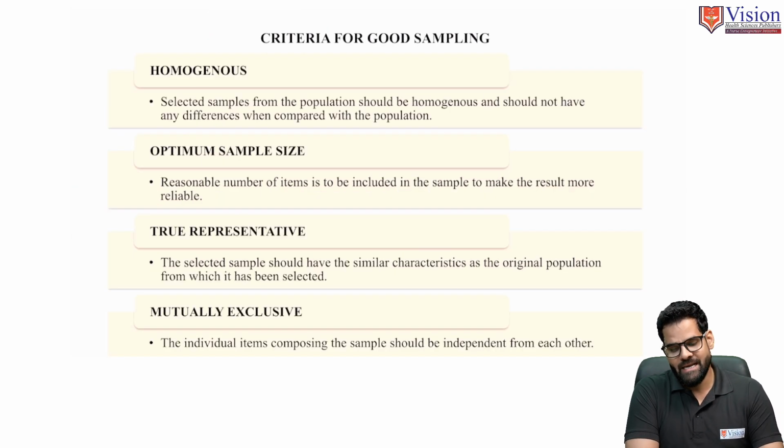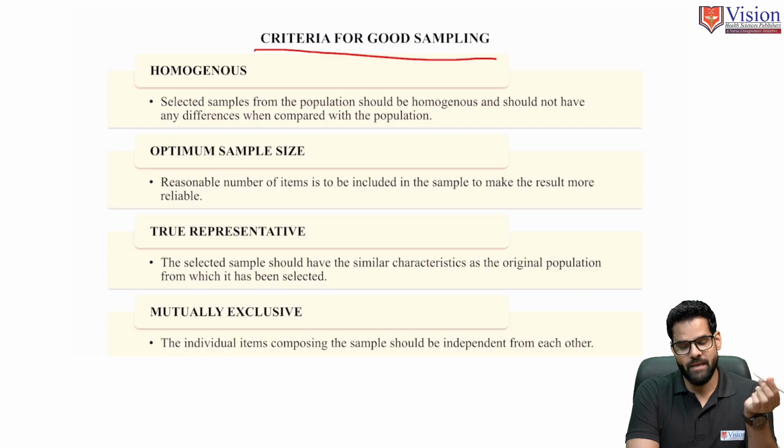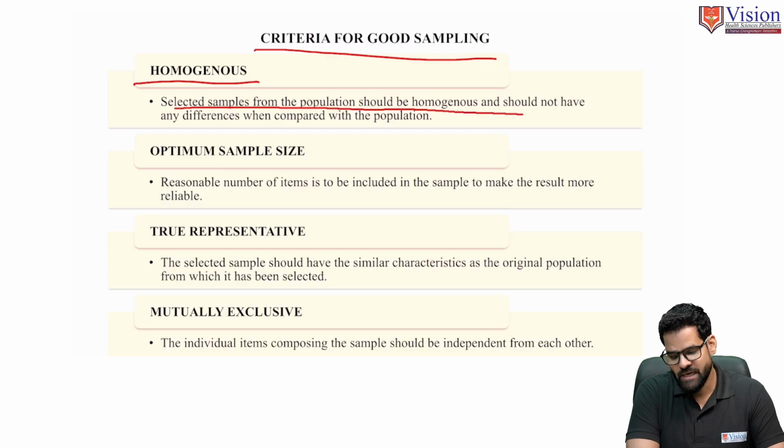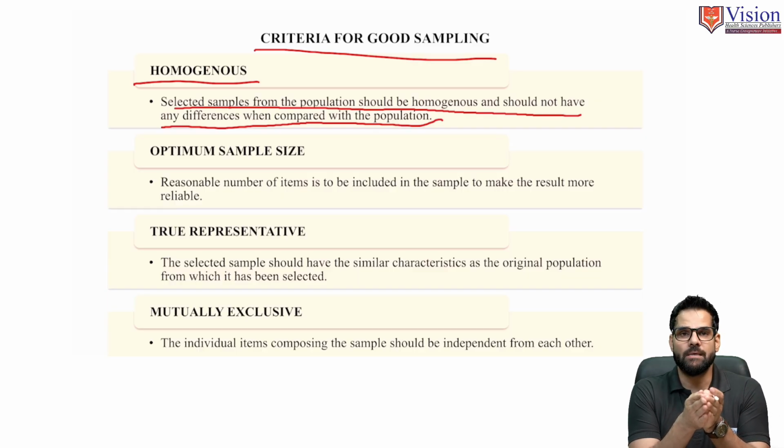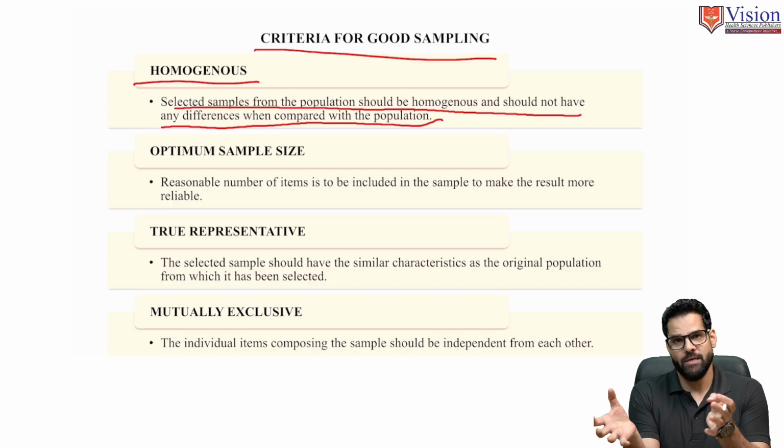Now, what are the criteria for a good sampling? Good criteria for a good sampling, it should be homogeneous. The selected sample from the population should be homogeneous and should not have any difference when compared with the population. See, I'm taking the subset of the population only.